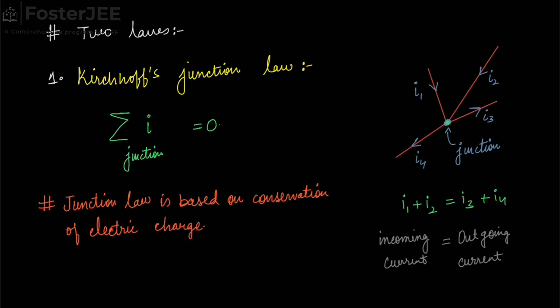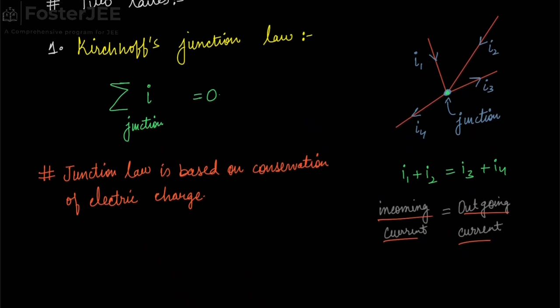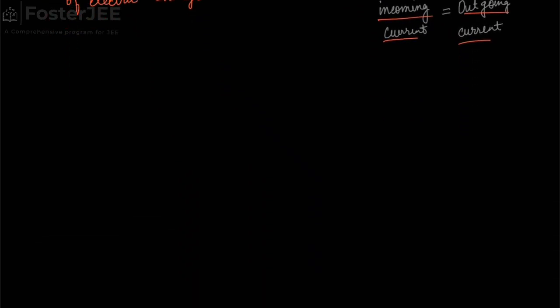That is, if incoming current is not equal to outgoing current, then it means it is violating the law of conservation of charge, which is not possible. Now, this completes our Kirchhoff junction law.